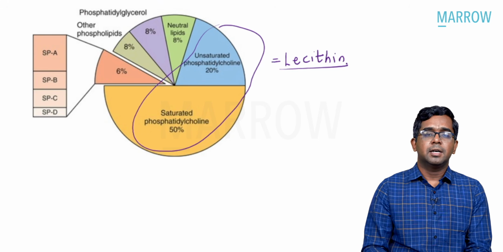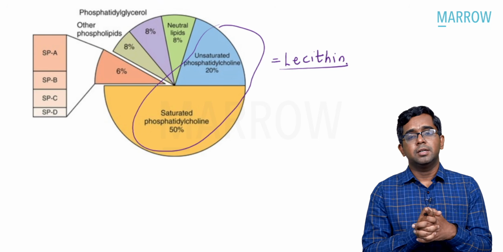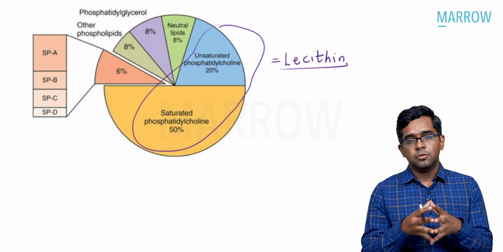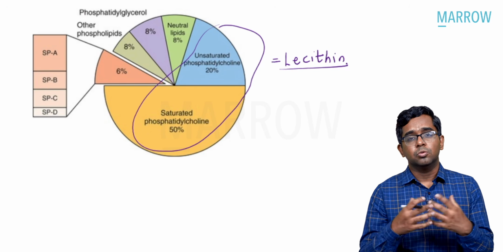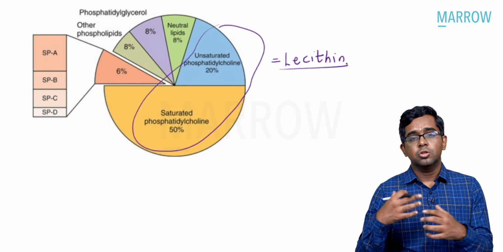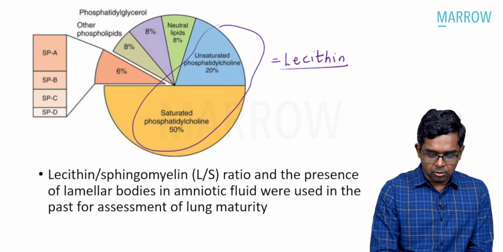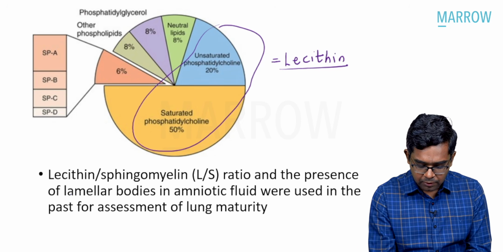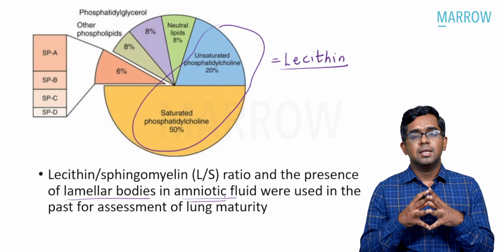In the past we used to determine a ratio called the lecithin-sphingomyelin ratio. Lecithin is the mature form and sphingomyelin is the immature form. The higher the ratio, the more lecithin, which means a mature surfactant. The lower the ratio, or the more sphingomyelin, the more immature the surfactant. We also used to measure lamellar bodies in the amniotic fluid to assess lung maturity.